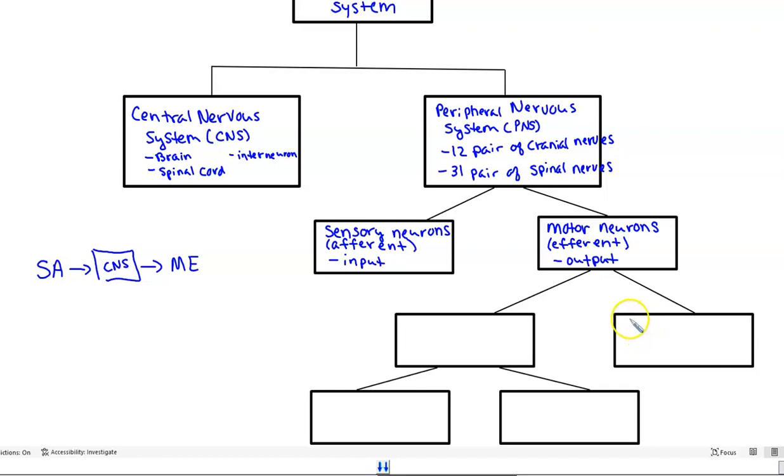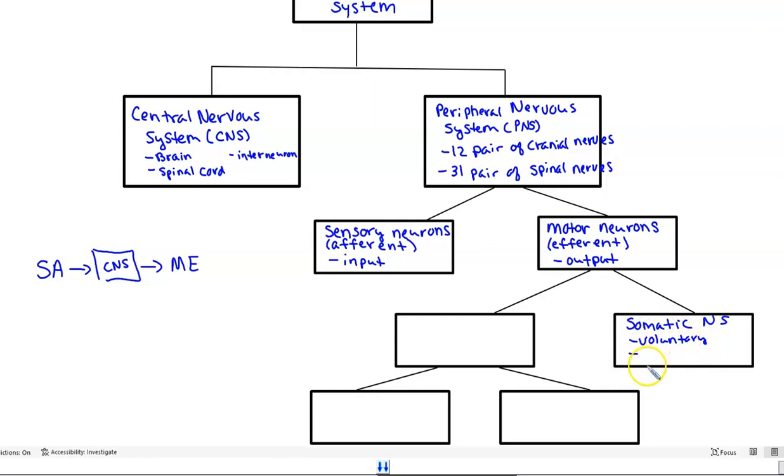That is part of your somatic nervous system. So your motor neurons that are part of the somatic nervous system are ones that you can control. They're voluntary, like moving your leg.